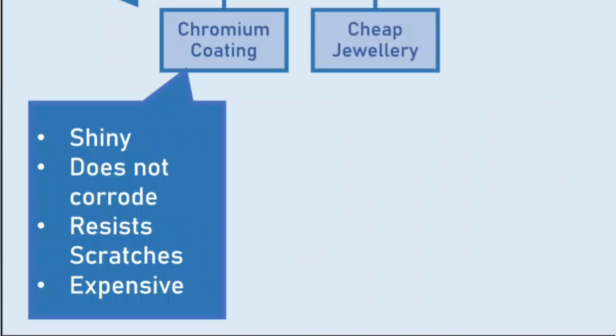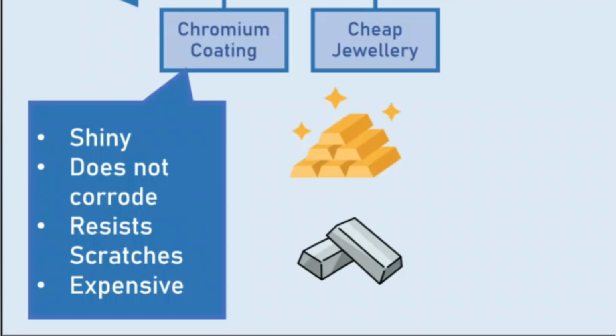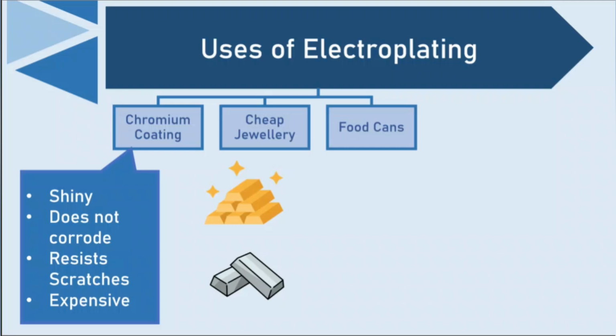Cheap jewelry is also made by electroplating gold or silver on less expensive metal. These ornaments have the shiny and rich looking appearance of silver or gold, but are much less expensive. Tin cans used for storing foods are made by electroplating tin onto iron.